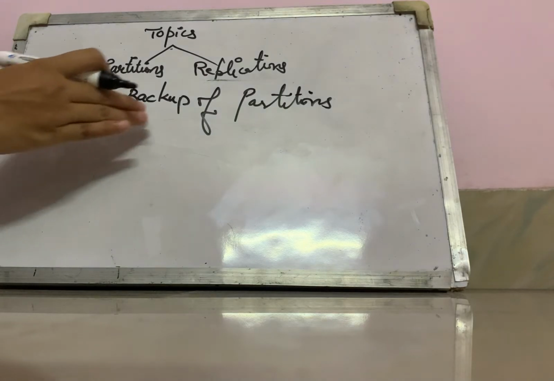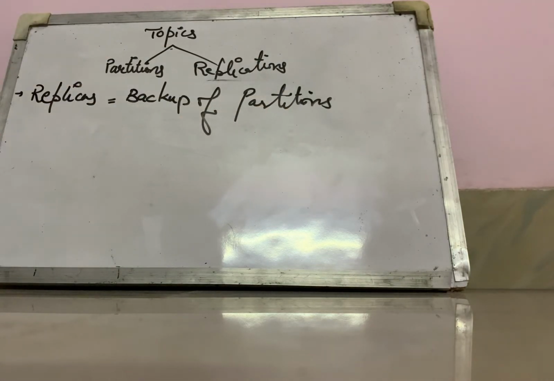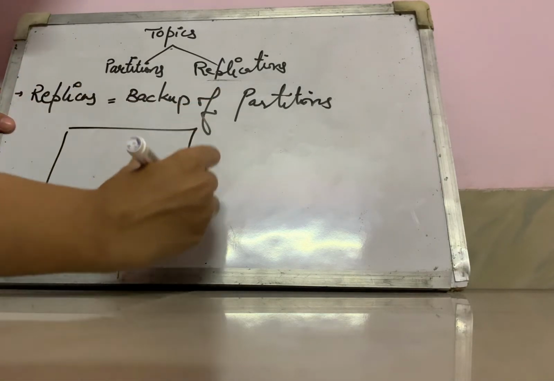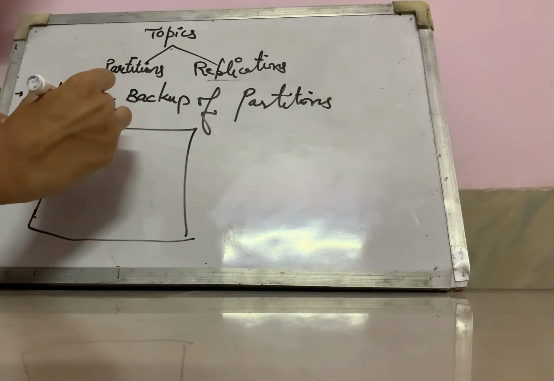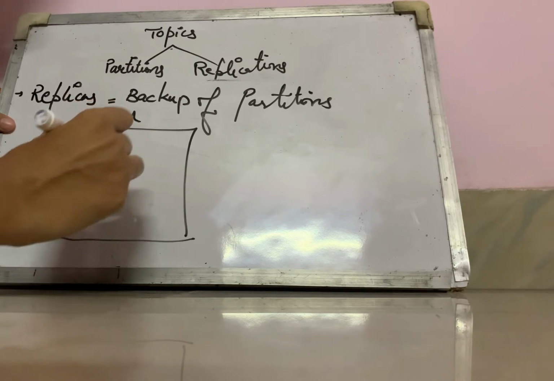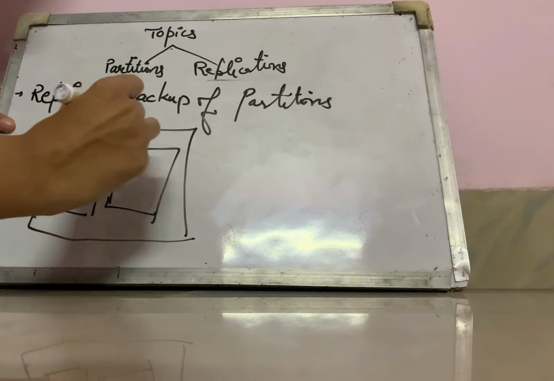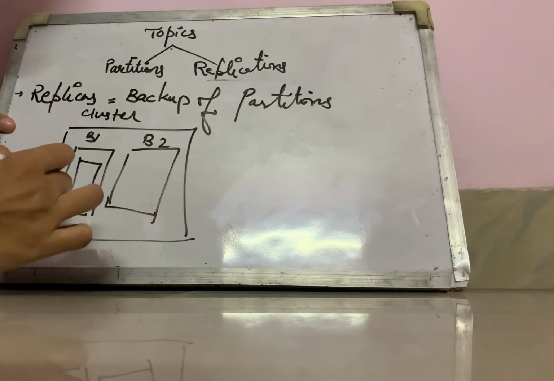Suppose this is my Kafka cluster, and in it I have two brokers, broker B1 and broker B2, and in this broker I have one topic.